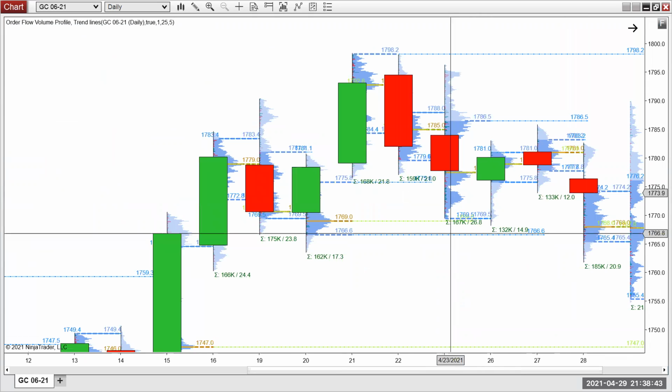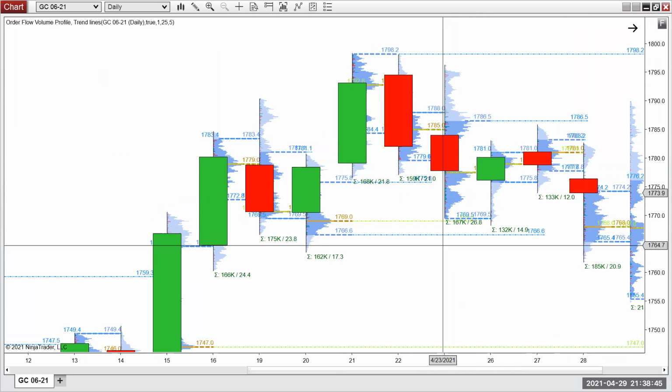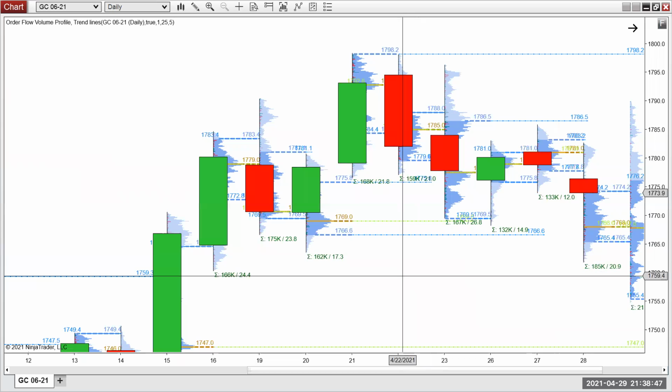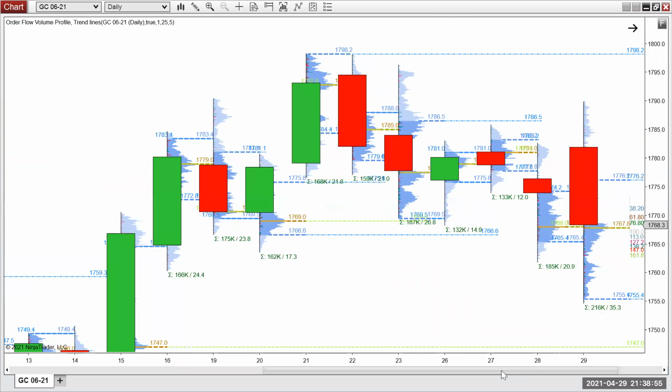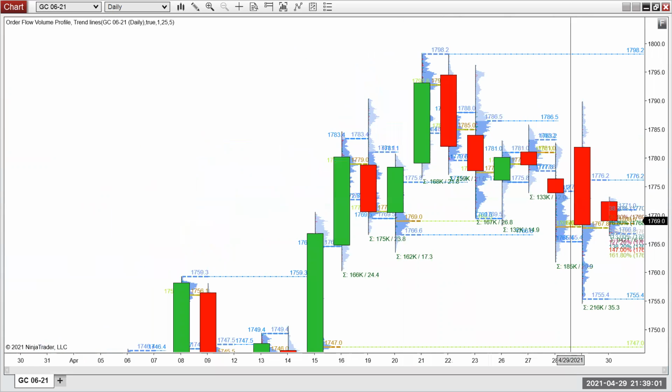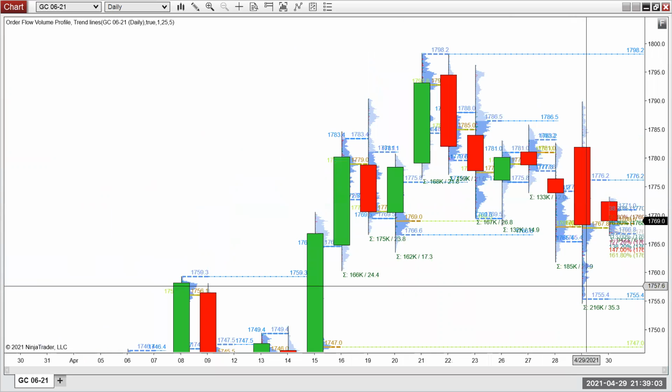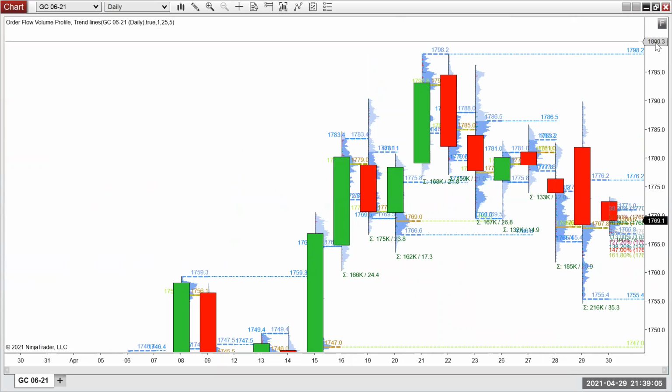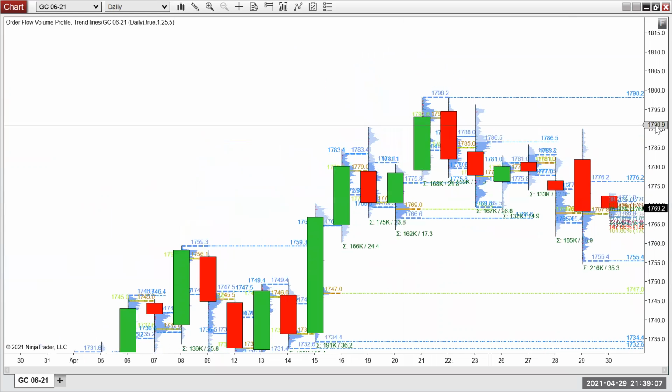So there's a lot of support in 1766, 1759. So in between there, you could definitely bounce from there. So that's what I'm looking at as far as GC.